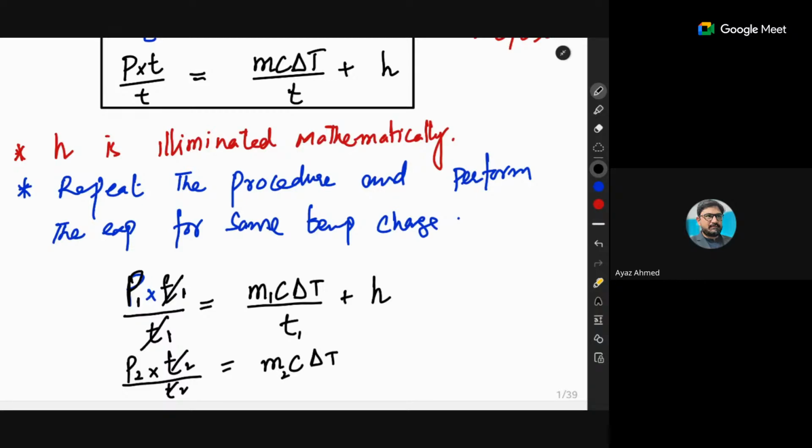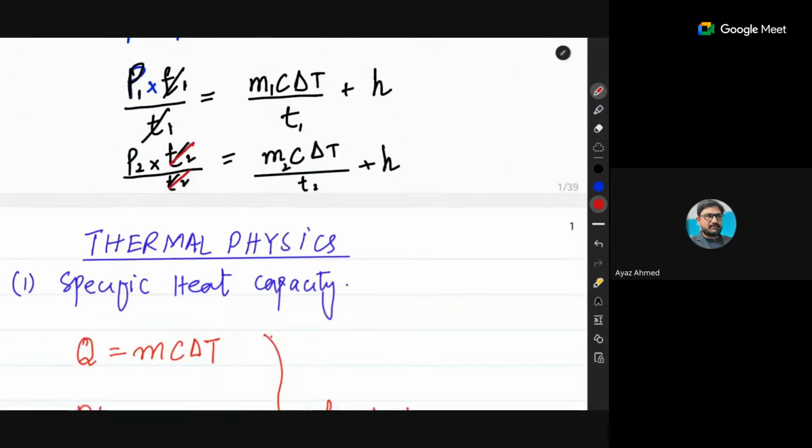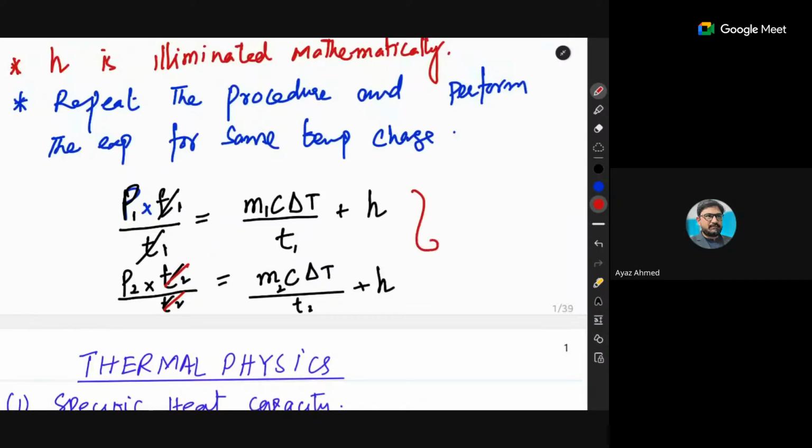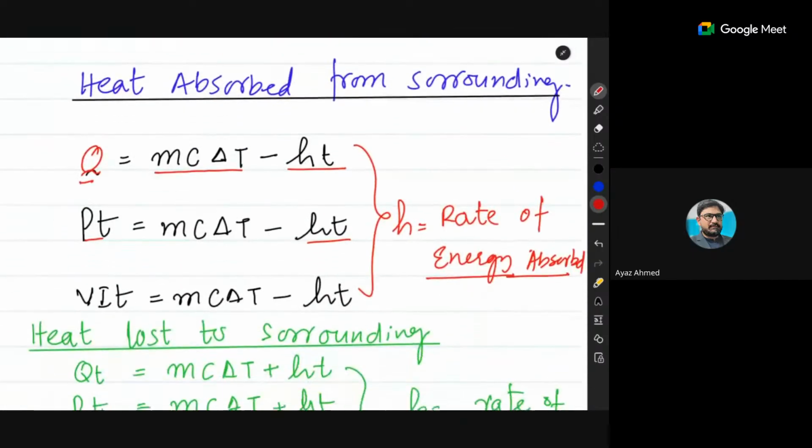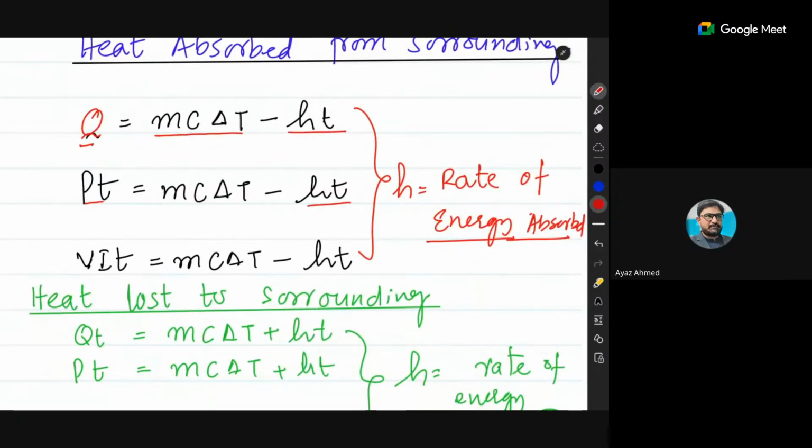C and delta T will not be changed, so T2 plus H. So you will ensure that the rate of temperature change is the same. That is why heat loss to the surrounding would be the same. So this gave you two equations. I will discuss these two equations here. So is this clear to everyone?